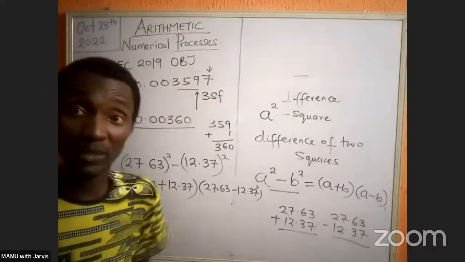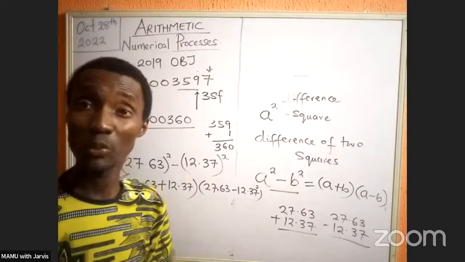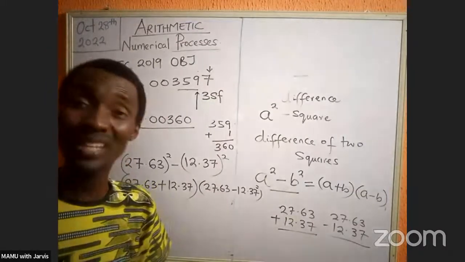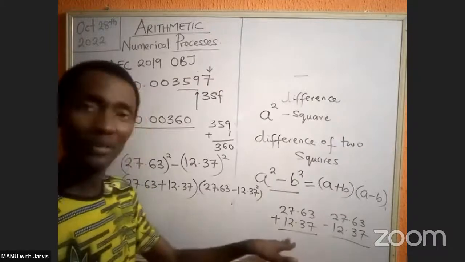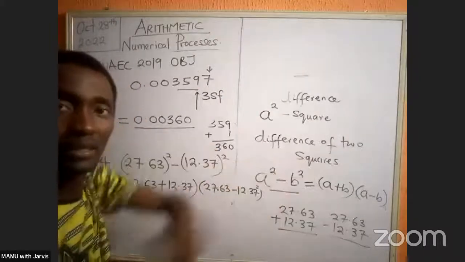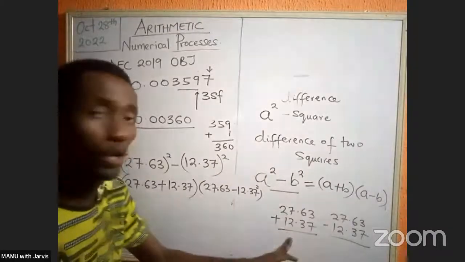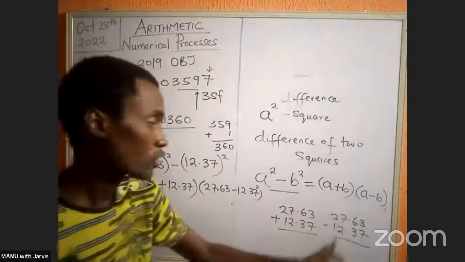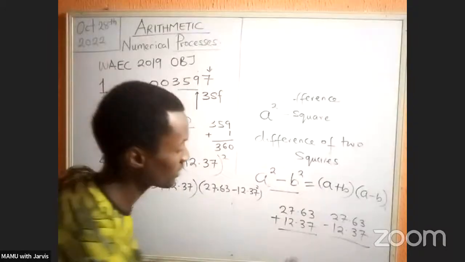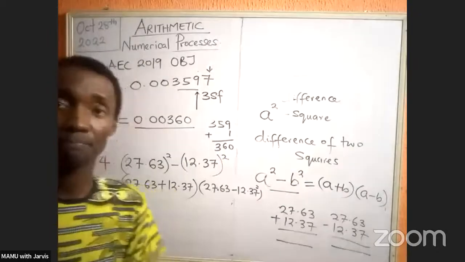You can use a calculator, but usually in a theory exam, you'll be told to do this without using a calculator. So you need to know how this is done. That's why I've taken some more time to explain this. Is that okay? Right, so add this together, what do you get? Subtract this, what do you get? I'm waiting for my answers. Somebody on the chat, please. This is where you do the work now.